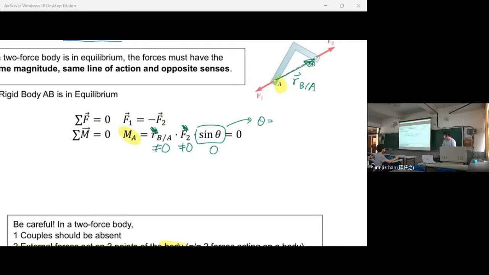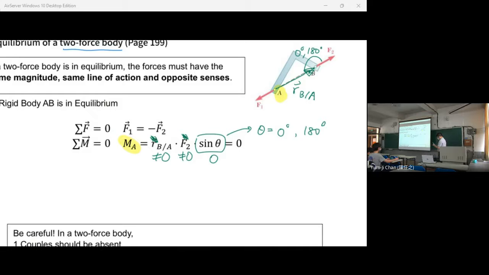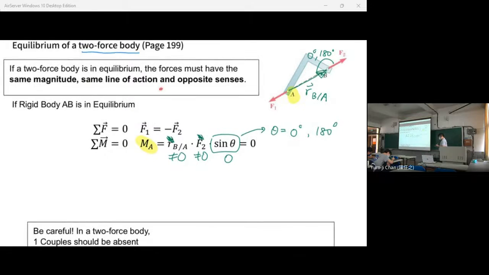What does sine theta equal to 0 mean? It means 0 degrees or 180 degrees, okay? So this angle has to be 0 degrees or 180 degrees, which means that F1 and F2 are on the same line of action.